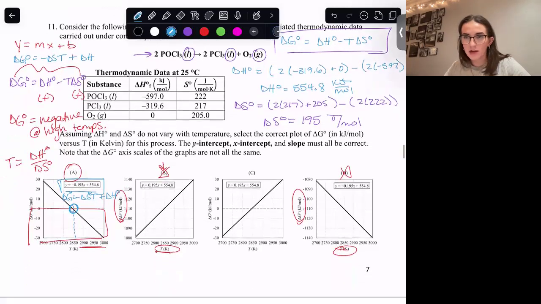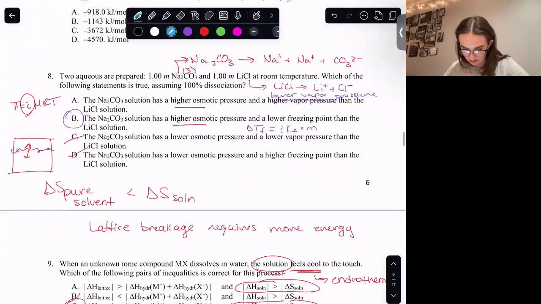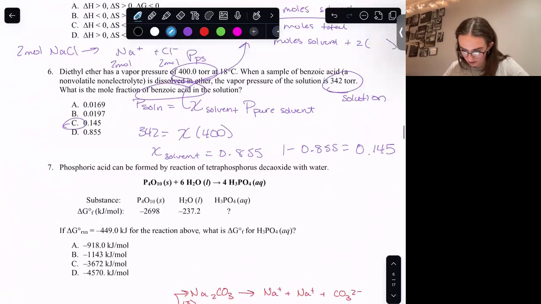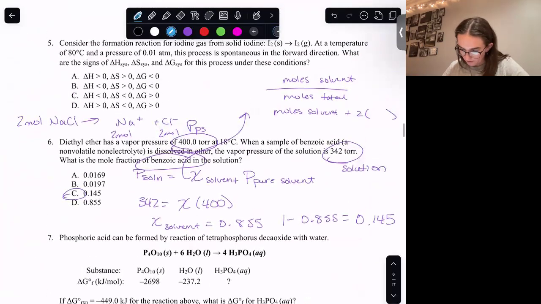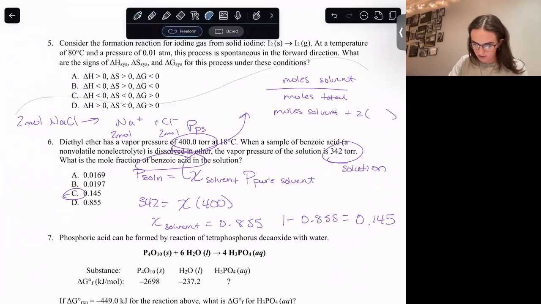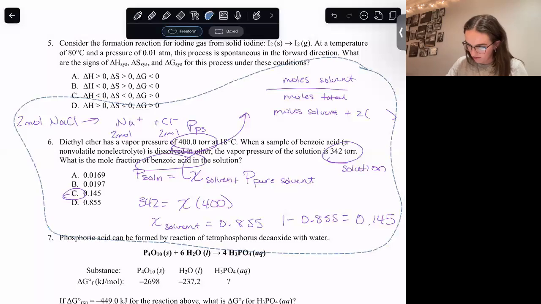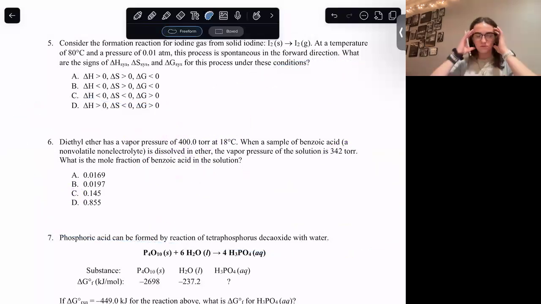Okay, someone asked for 6, so I'll go and do that real quick, and then we'll do 2. For question 6, we have diethyl ether has a vapor pressure of 400 torr at 18 degrees Celsius. And when a sample of benzoic acid, a non-volatile non-electrolyte, is dissolved in ether, the vapor pressure of the solution is 342 torr, and we want to know the mole fraction of the benzoic acid.